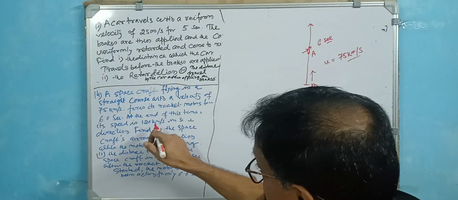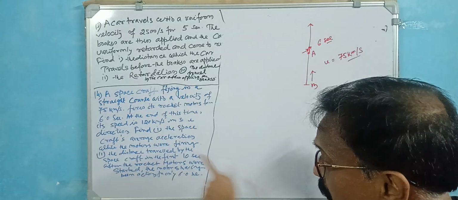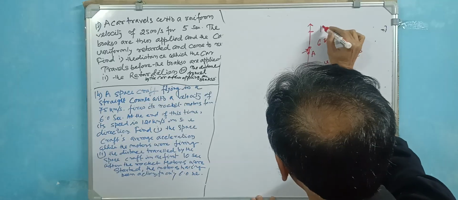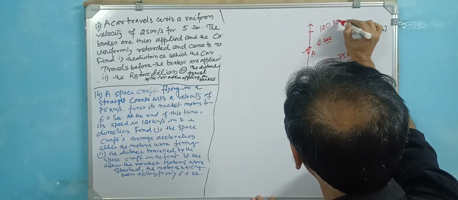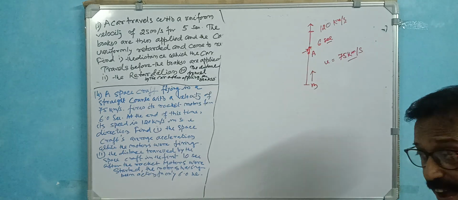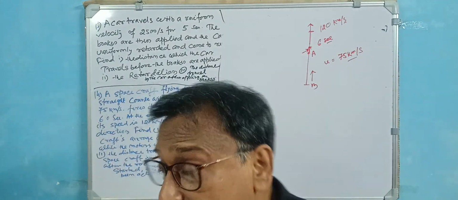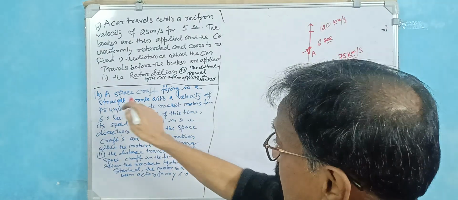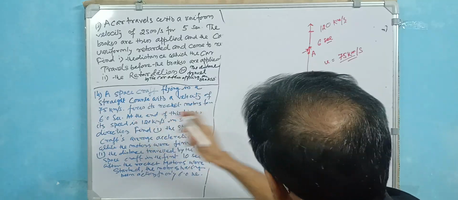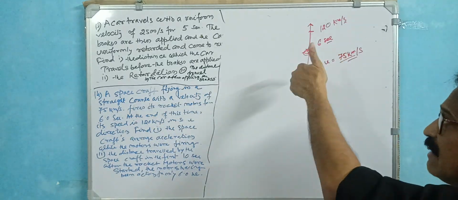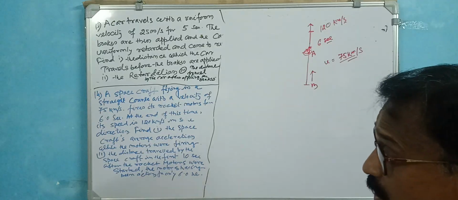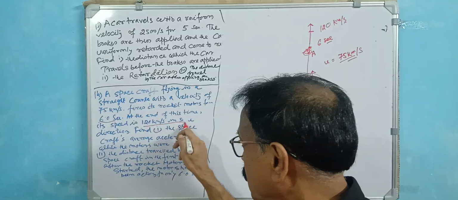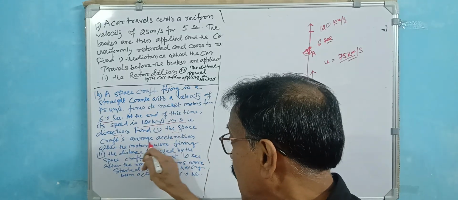At the end of this time, the speed is 120 kilometers per hour. The speed is increased. What is the starting speed? 75 kilometers per hour. The spacecraft is flying in a straight course with that velocity, but when the rocket is fired, the velocity increases within 6 seconds to 120. Find the spacecraft's average acceleration.